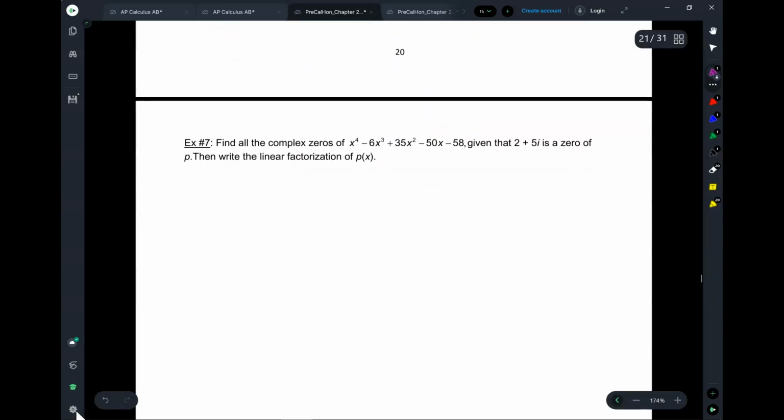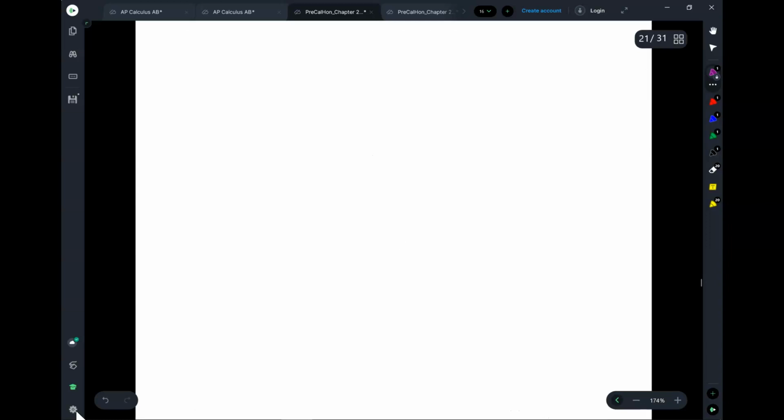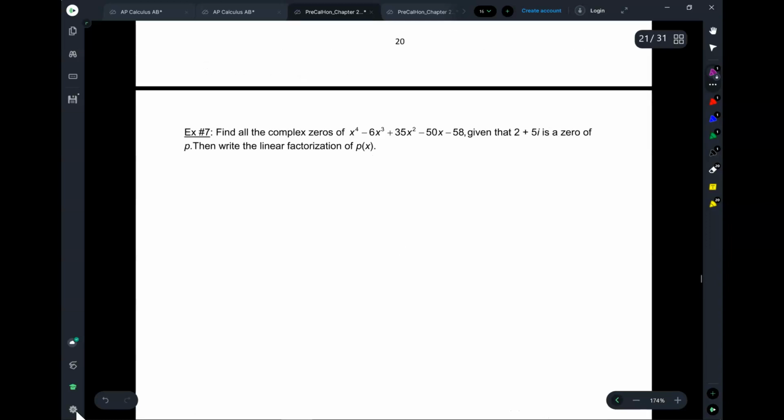Let's do synthetic division with some imaginary numbers now. All right, we want to find all of the complex zeros of this equation, given that 2 plus 5i is a 0. Well, if 2 plus 5i is a 0, then so is its conjugate, 2 minus 5i. So what we're going to do first is synthetic division with 2 plus 5i.